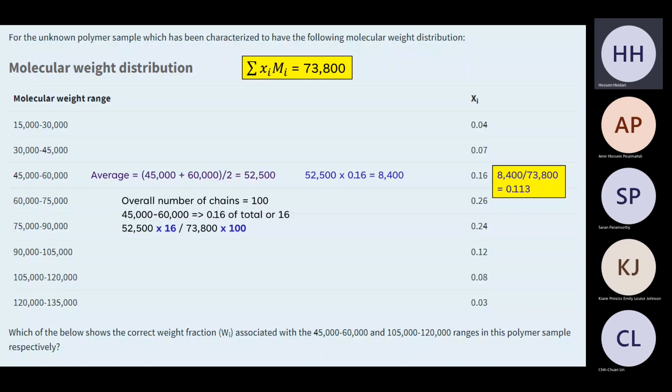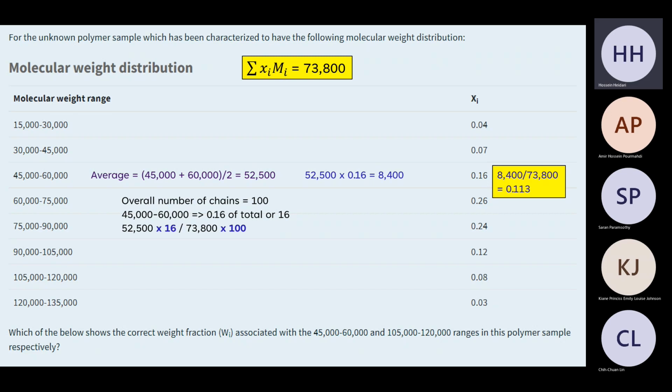That's going to be 160 times the number average for that, which is basically the average mid value. Now what this tells us is that this proportion is what matters. They're always going to cancel out to become the number fraction. So regardless of how many chains you have, it's always going to be this formula. I realized when you put it like this, it's going to be confusing, so start with the numerical example and then you'll see how it all makes sense. Does that make sense? Makes sense.